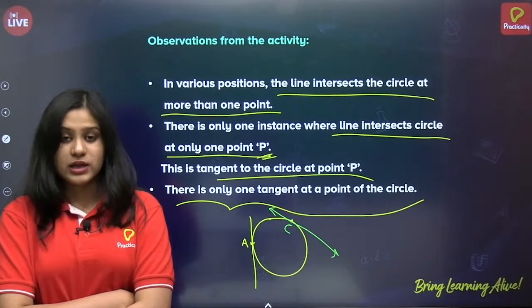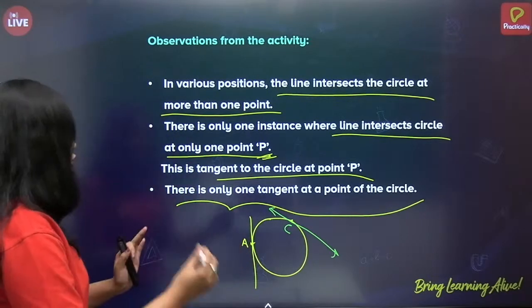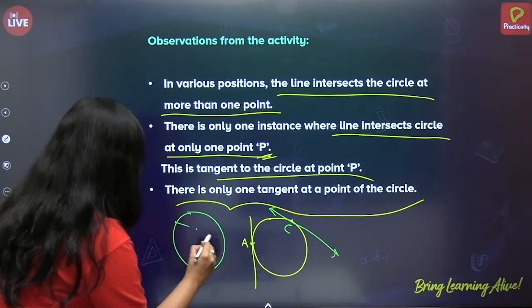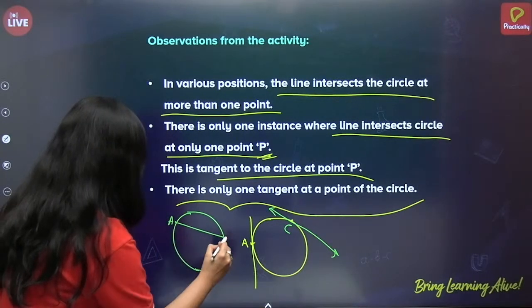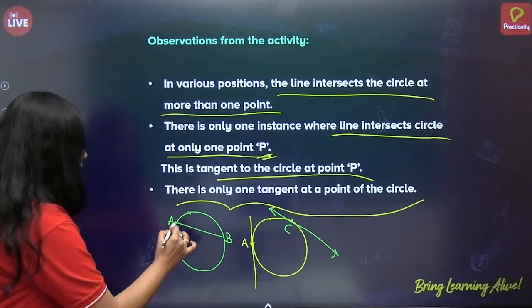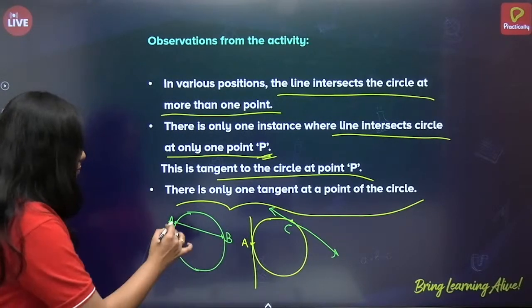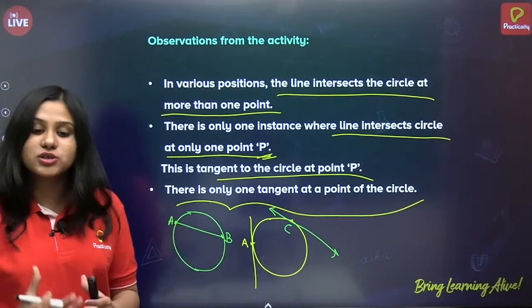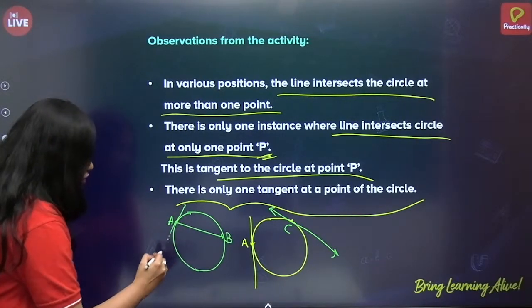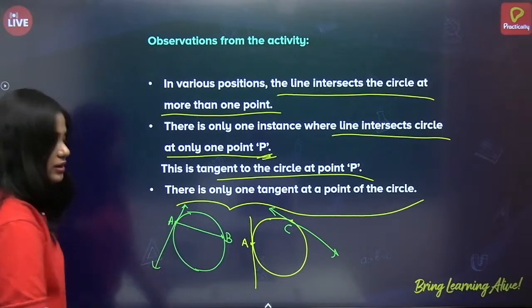Instead of telling, let me just draw. So, there is a circle. I have drawn a chord AB here. I want to draw tangents at point A and point B. So at point A, how many tangents can I draw? I can draw only one tangent at point A, correct?